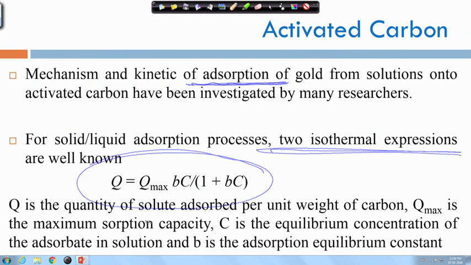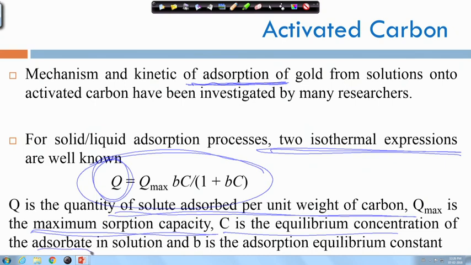Q is the quantity of solute adsorbed per unit weight of carbon. Q max is the maximum sorption capacity at saturation. C is the equilibrium concentration of the adsorbate, what is getting adsorbed, in solution, and B is the adsorption equilibrium constant.